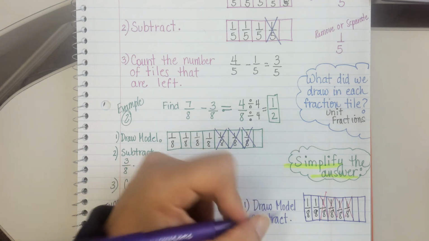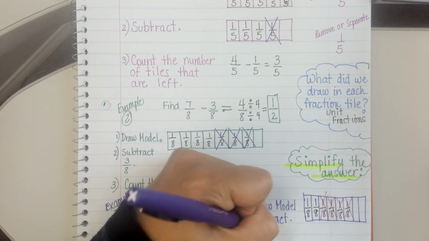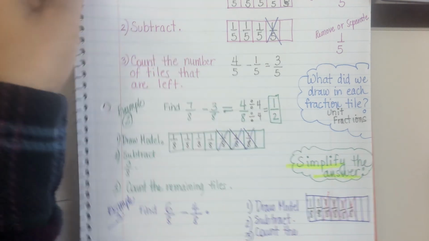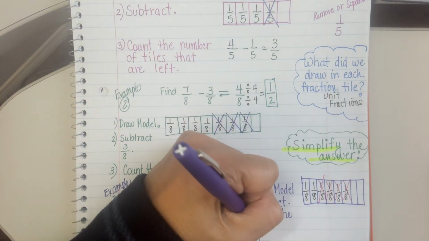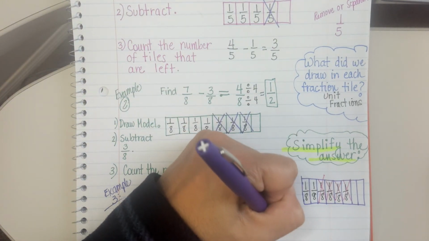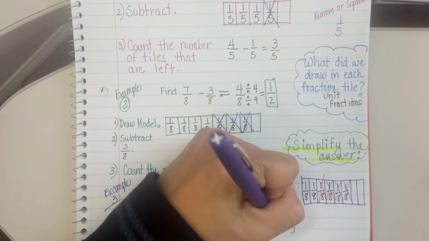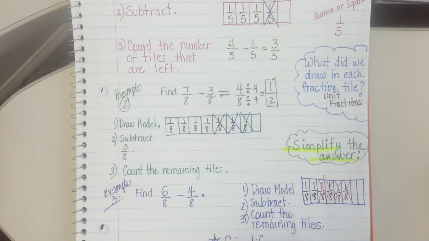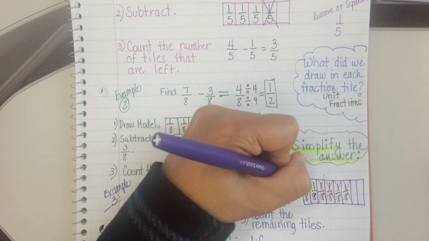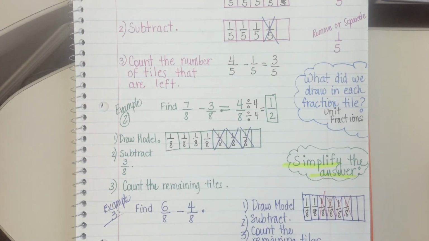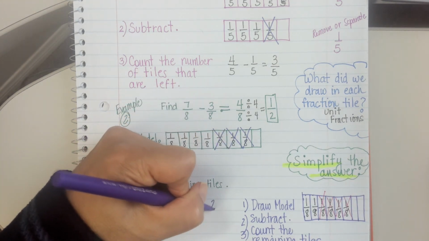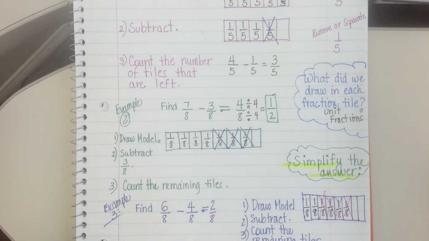Our step 3 was always to count the remaining tiles. And we have 1, 2. 2 are remaining. Therefore, 6/8 minus 4/8 equals 2/8, but something does not look right there.